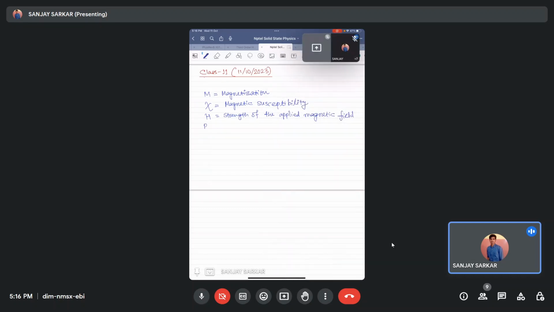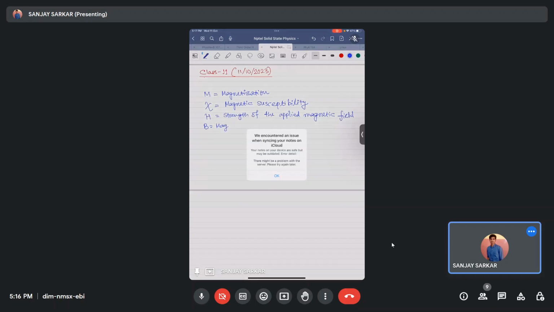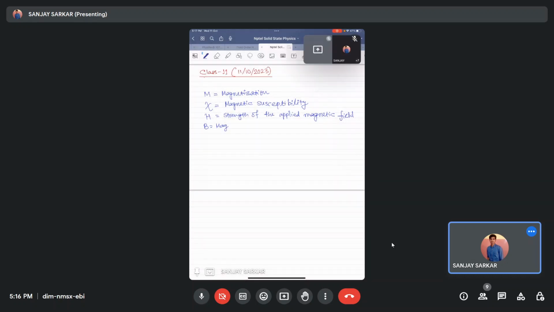Then B is the magnetic flux density or magnetic induction.